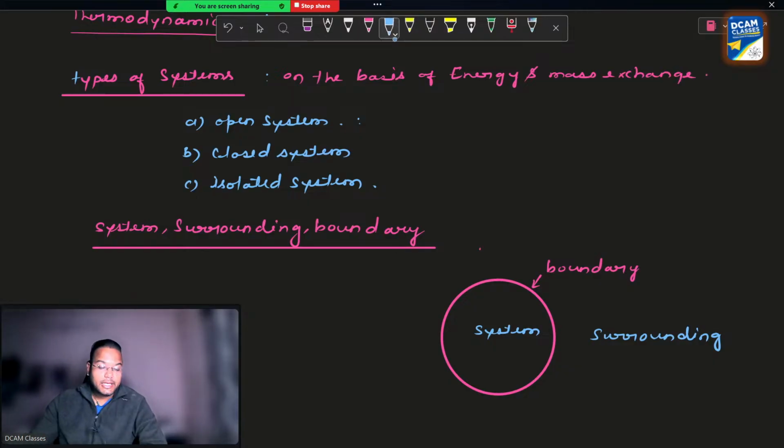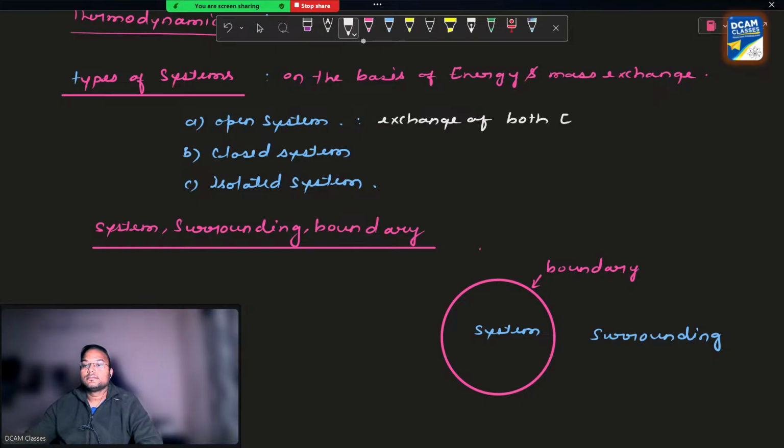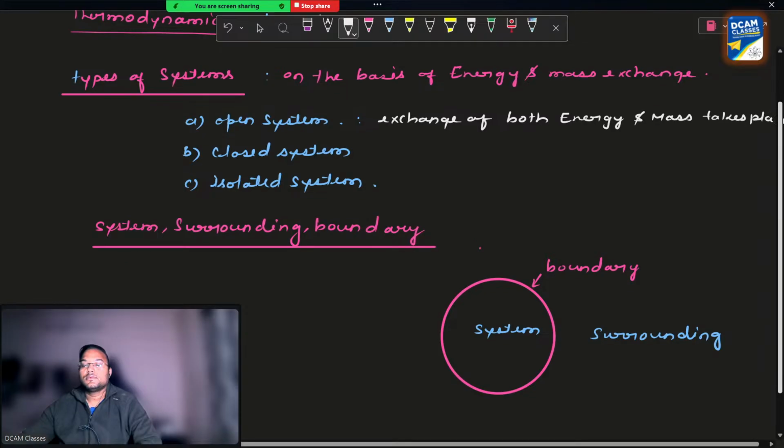Open system is that kind of system in which exchange of both energy and mass takes place.